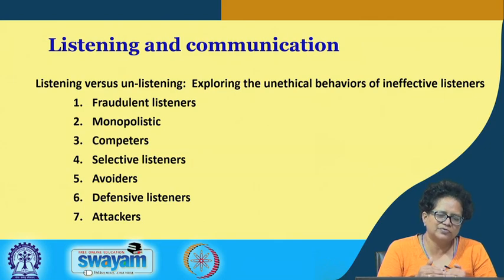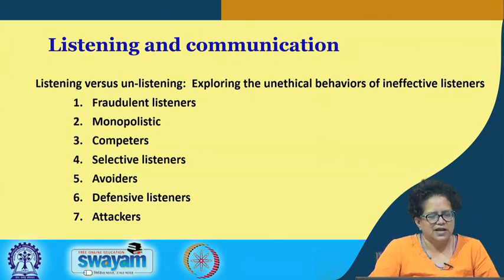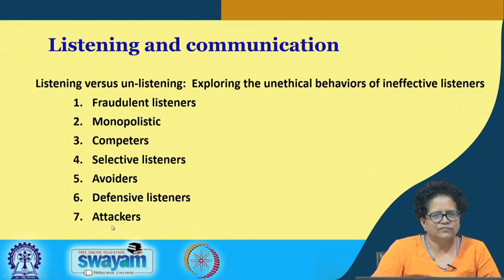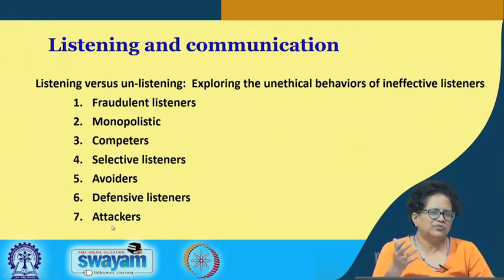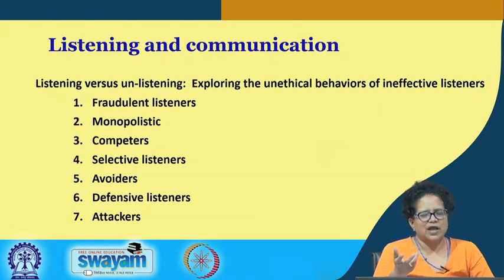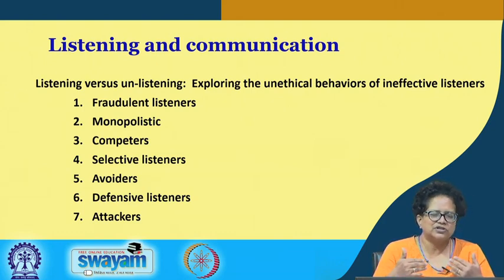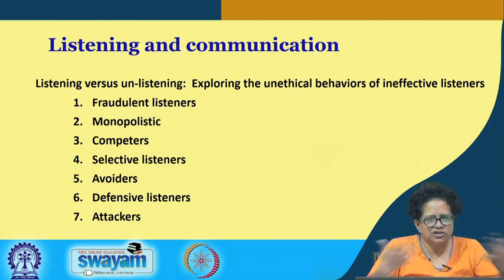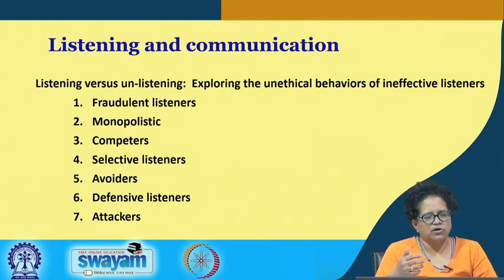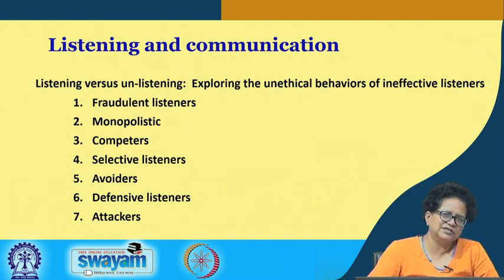They are making notes because they have to use these points to defend themselves. And the last is attackers. This is the extreme and the worst kind of listeners. As the term is self-explanatory, I will not go further. Attackers are those negative unlisteners who are listening because their only purpose is to launch an attack on the one whom they have been listening to so far.